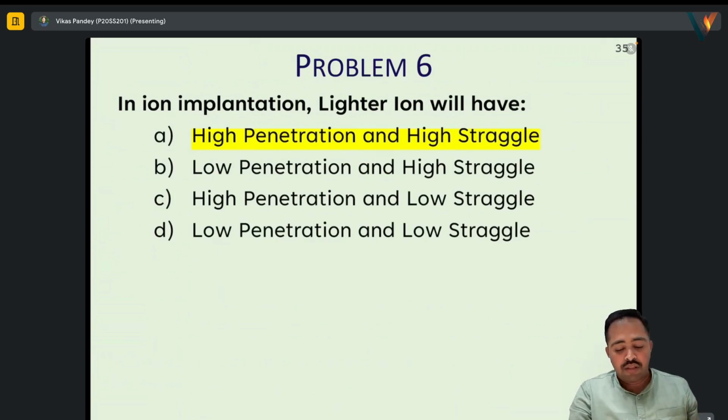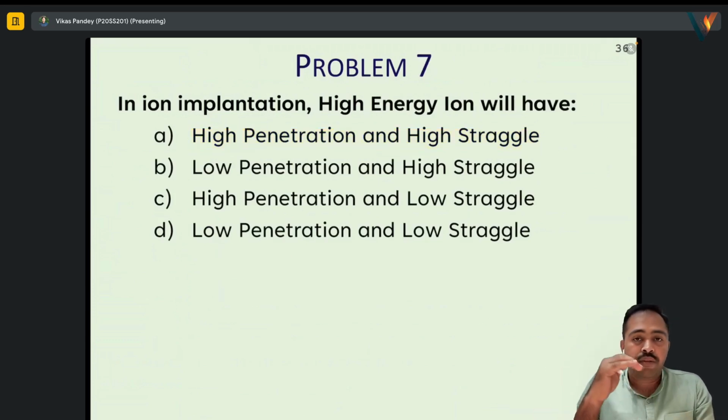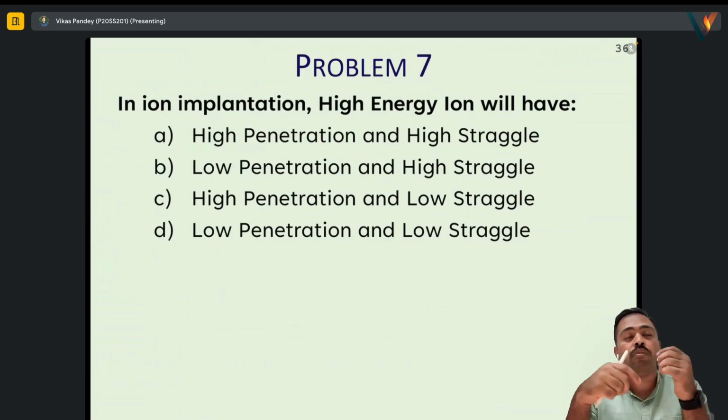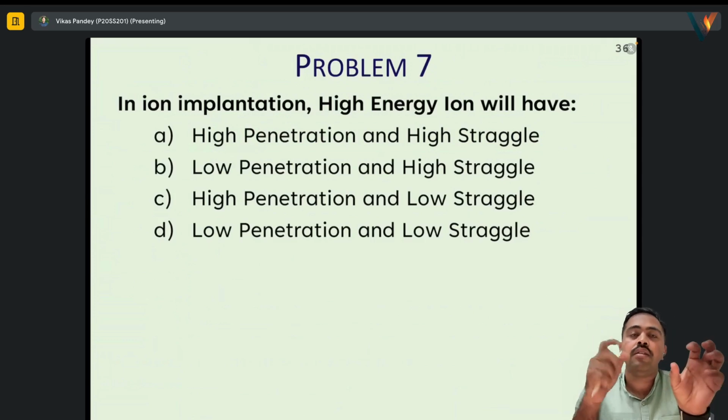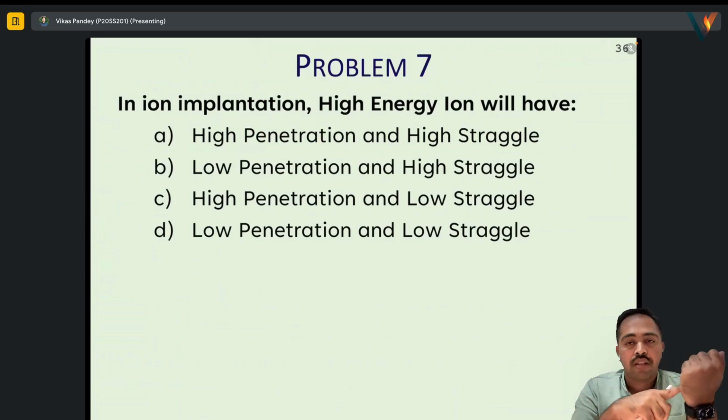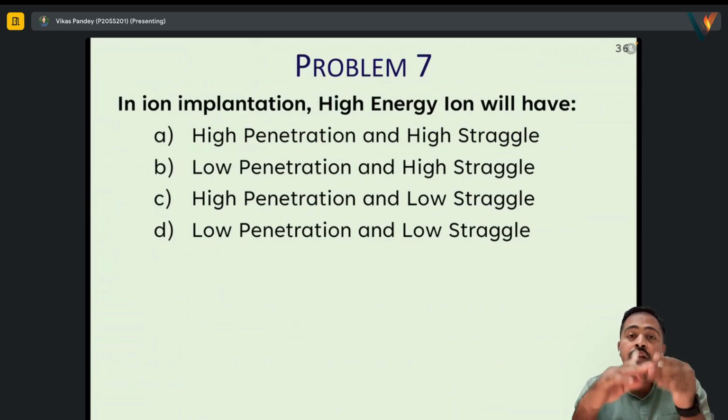Next, this was about the mass, lighter ion. Next is, in ion implantation, high energy ions. So we are not talking about mass now, we are talking about energy. If we have two ions, one with higher energy and the other with lower energy, the higher energy ion will have high penetration and high straggle, low penetration and high straggle, high penetration and low straggle, or low penetration and low straggle.